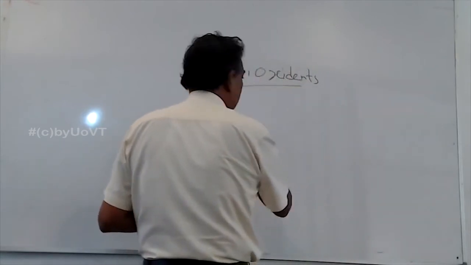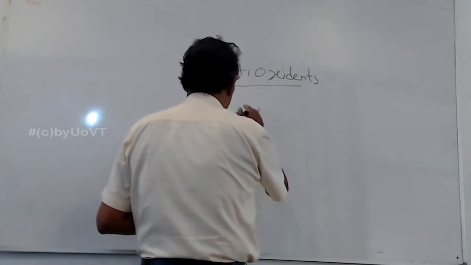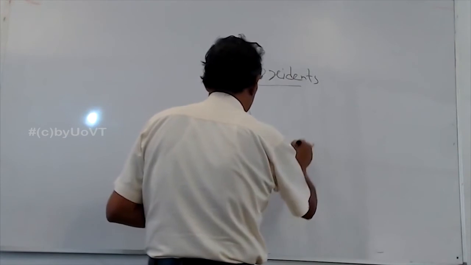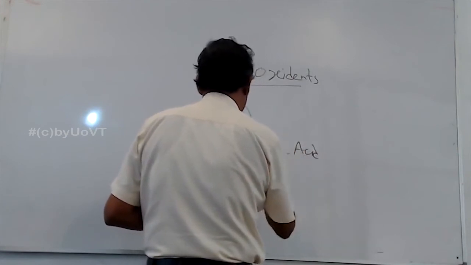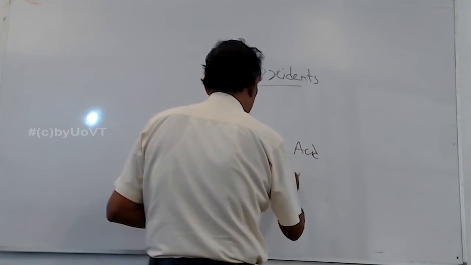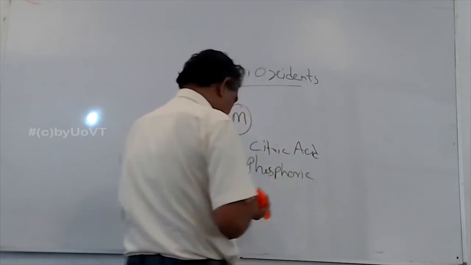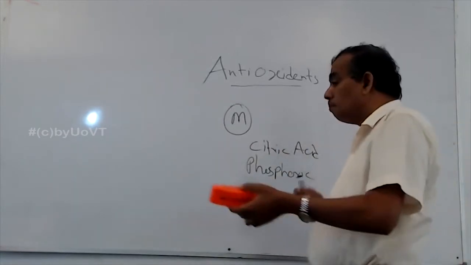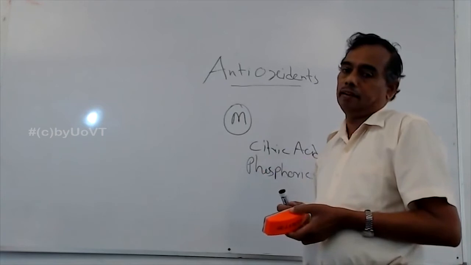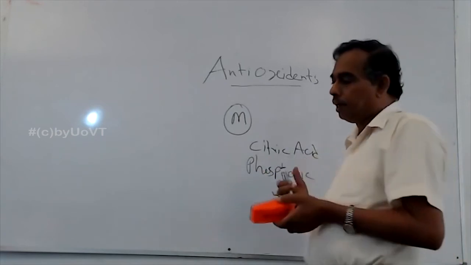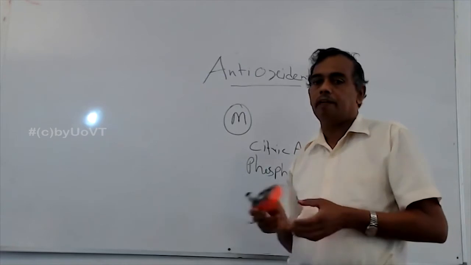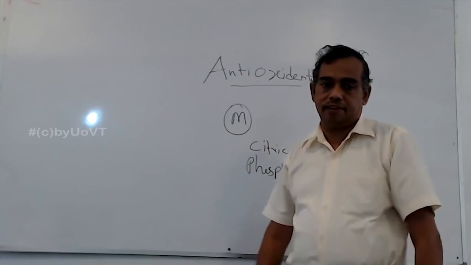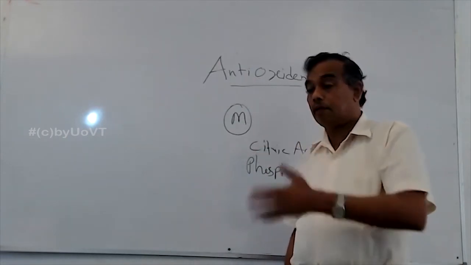Chelating means it can form bonds with the heavy metal ions. Such compounds are citric acid and phosphoric acid, which can easily form bonds with metal ions. But after forming bonds, the metal ion is not freely available to accelerate the reaction.